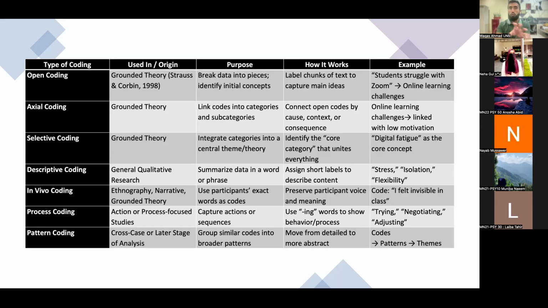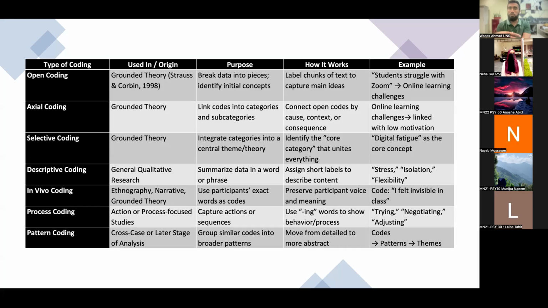So here are some of the codes. For example, you want to do grounded theory, which is from Strauss and Corbin. I talked about this grounded theory last week to some of the students. So you need to have open coding, axial coding, selective coding; all these can help in grounded theory.